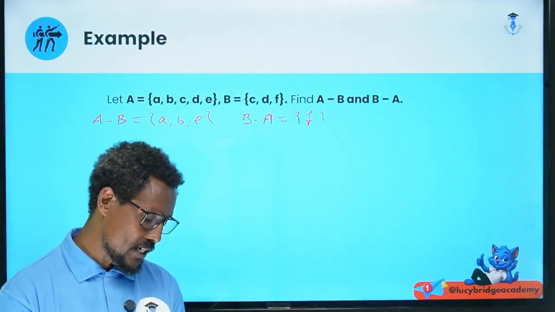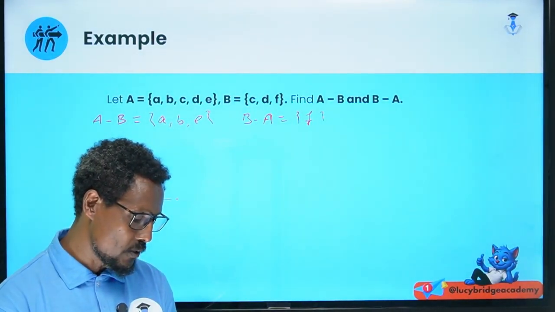Let me show you diagrammatically using a diagram.